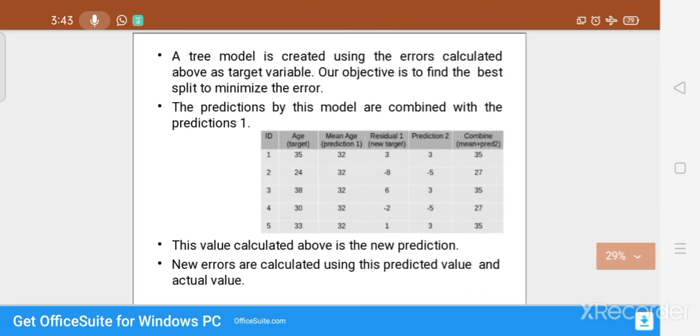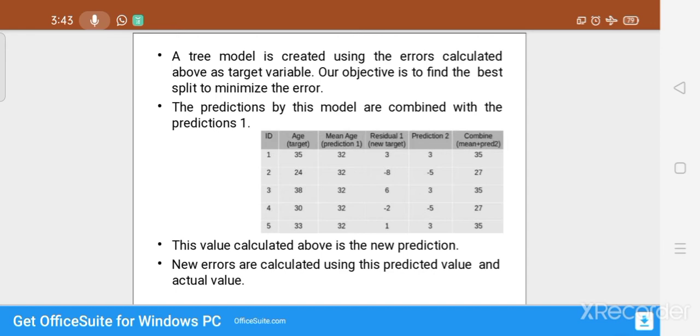A tree model is created using the errors calculated above as the target variable. Our objective is to find the best split to minimize the error, right? So we have to minimize the errors. That is our objective. The prediction by this model is combined with the prediction 1.